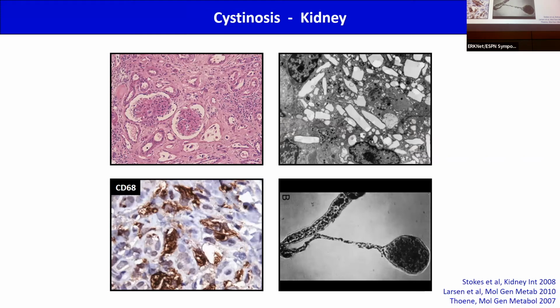These are cystine crystals, and they are phagocytosed by defective macrophages, and that sits there and causes inflammation. The end result is the swan-neck deformation with atubular glomeruli that form because these proximal tubular cells are progressively destroyed.